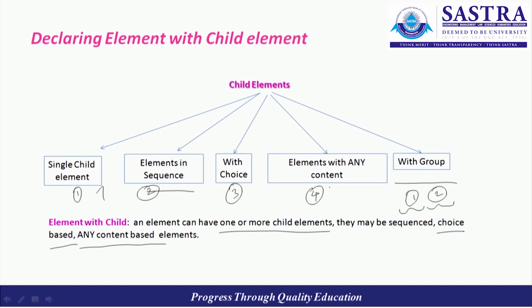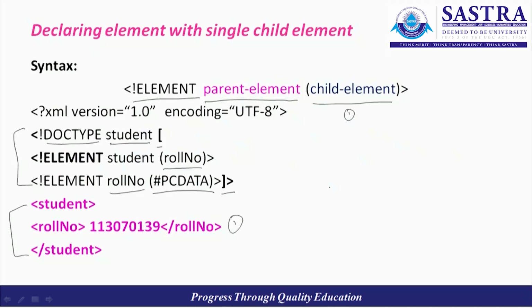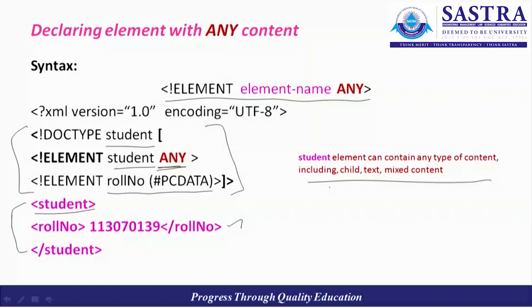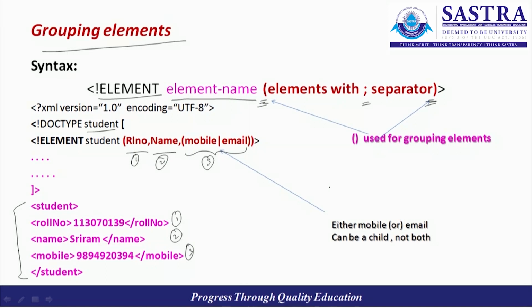So these are the different patterns of child elements we have, and the child elements can be defined with mixed content or in any sequence, any order, any pattern of content it may hold. If there is more than one child element, they can be separated with a comma.